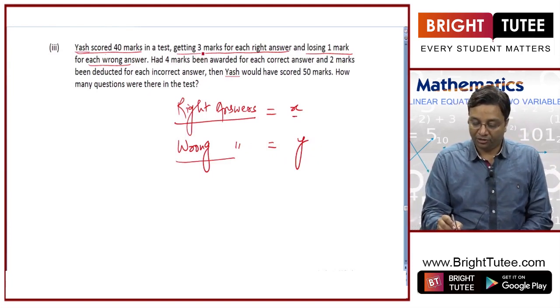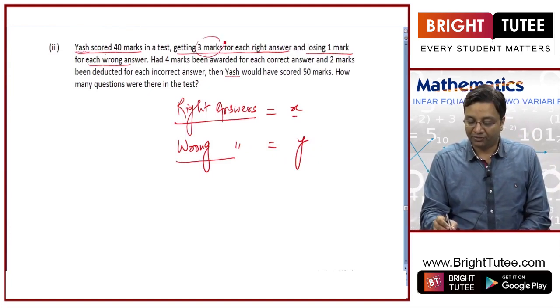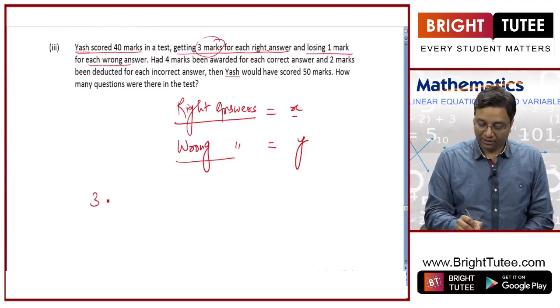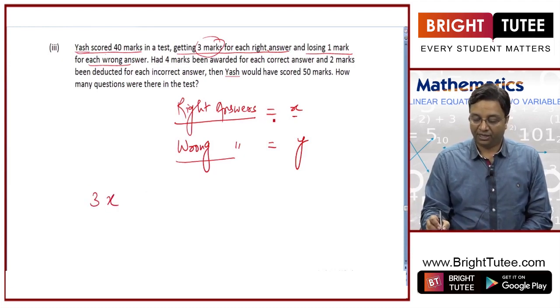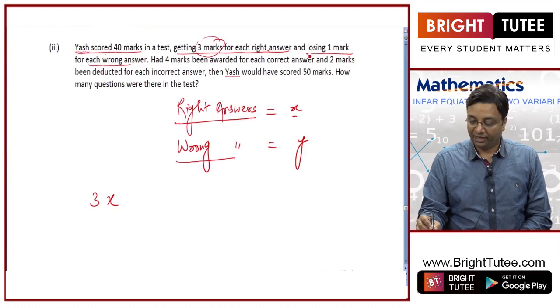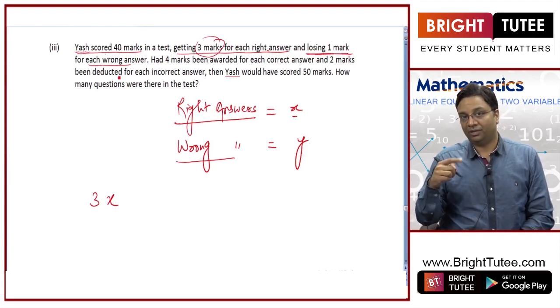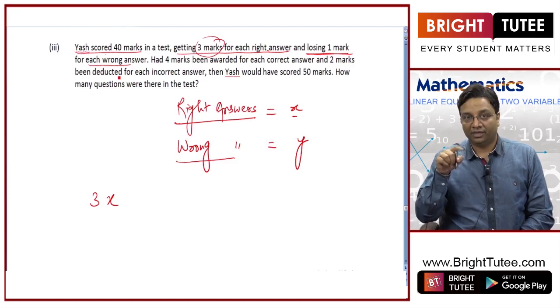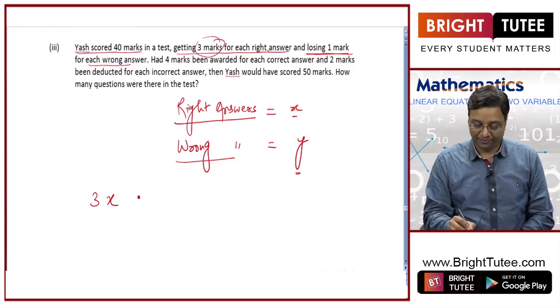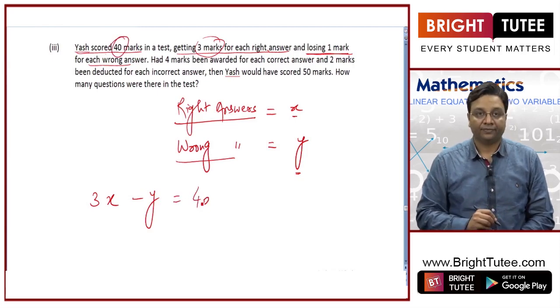Okay, in the first situation he would have got 3 marks for each right answer. So 3 into x marks for right answers and losing 1 mark for each wrong answer. So he is losing 1 mark for a wrong answer. So minus 1 into y, and he scored 40. So this is equal to 40.